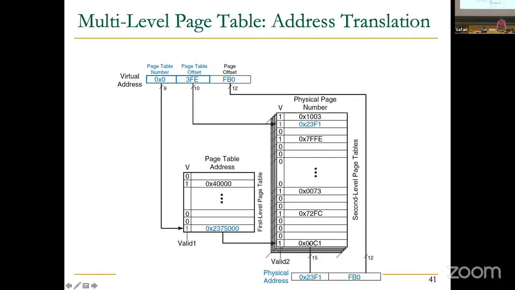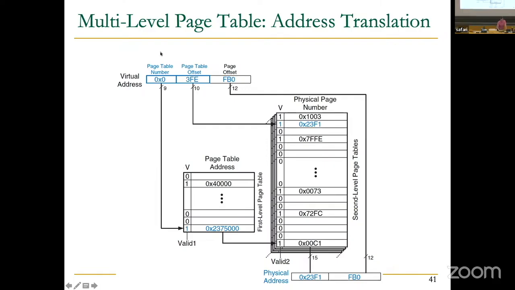It's valid, as you can see over here, and then you can access it, and the translation is also there. Basically, the page itself is in physical memory. So here, the top level page table, the page table that you're looking for, is in physical memory, and the page you're looking for is also in physical memory.